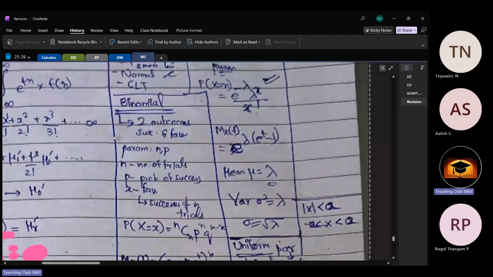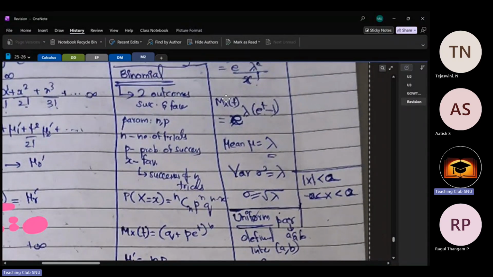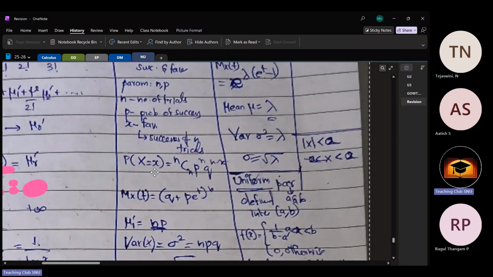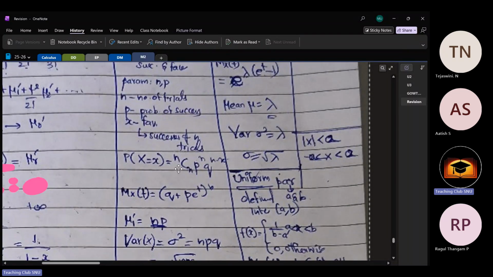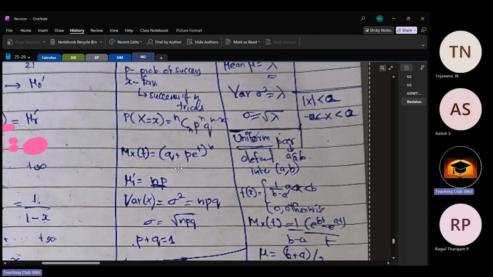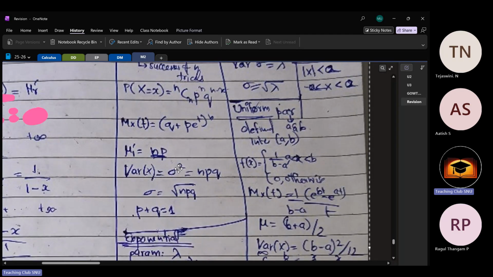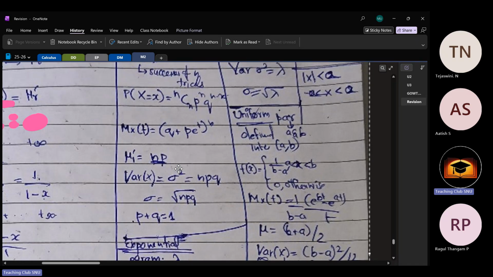Binomial distribution. There are two outcomes only, success and failure. The parameters are n and p, n being the number of trials, p being the probability of success. Then q is the probability of failure. So x is going to tell you the number of successes in n trials. So P of X equal to x, meaning how many successes do you want? NCx, p power x, q power n minus x.